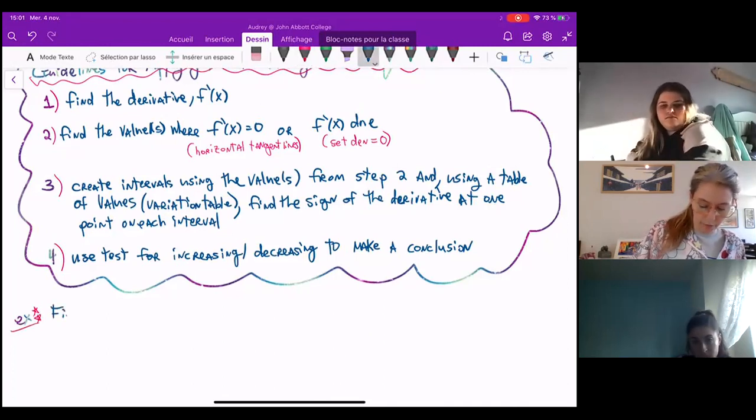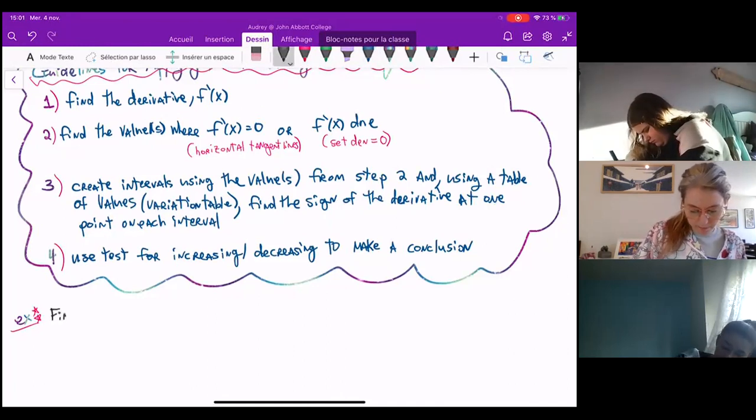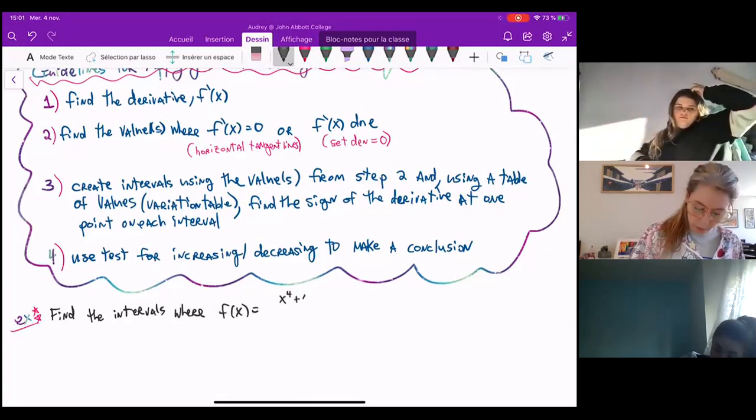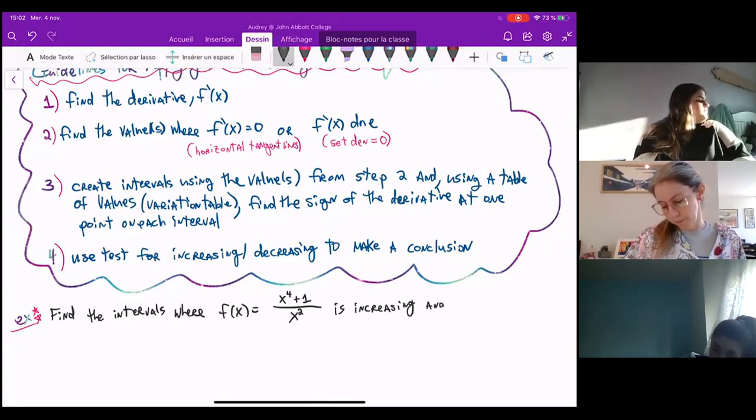So we're going to find, actually we'll do this in black. Find the intervals where f of x is equal to x to the 4th plus 1 over x squared is increasing and decreasing.